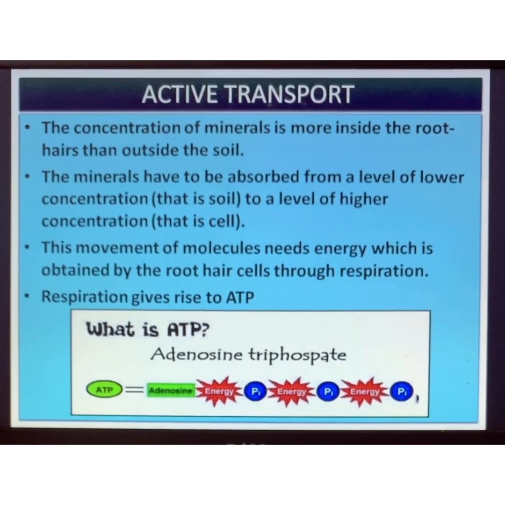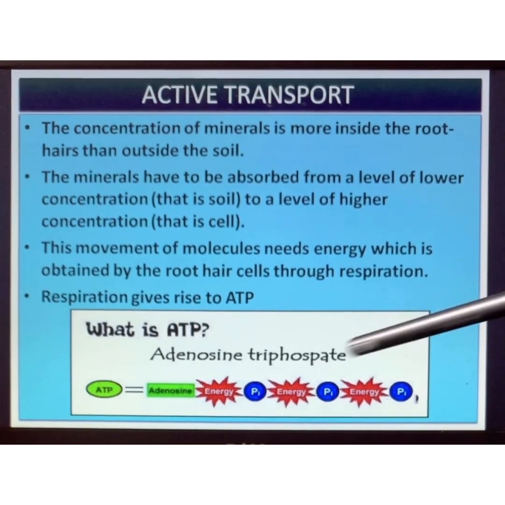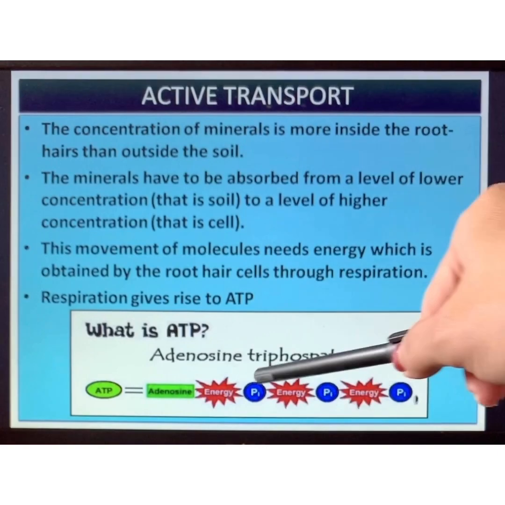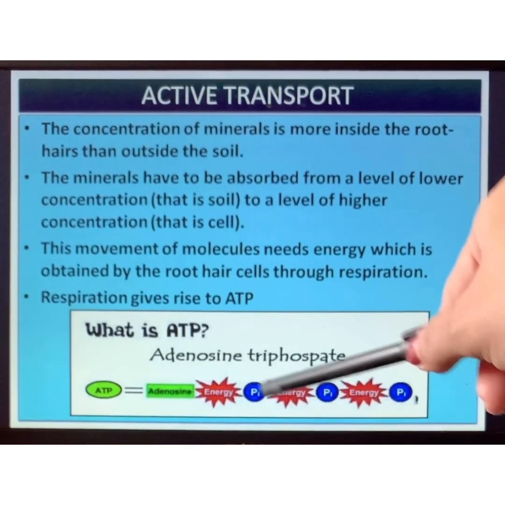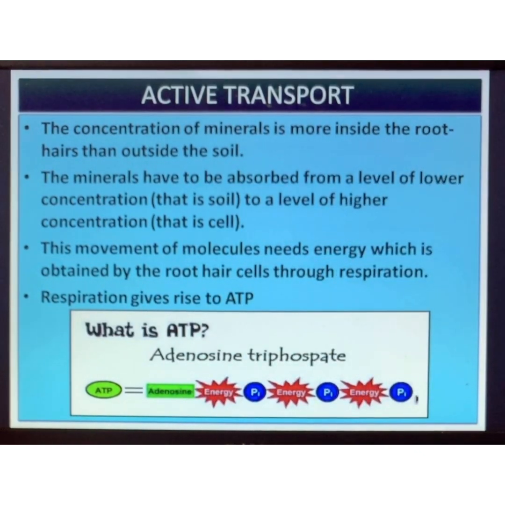What is ATP? ATP is adenosine triphosphate. Now, these are 3 phosphate molecules, which are having bonds, okay? And they are tied to adenosine. Adenosine is a nucleotide. Now, we will not get into the details of what is adenosine. It is difficult for you to understand it in 10th standard.